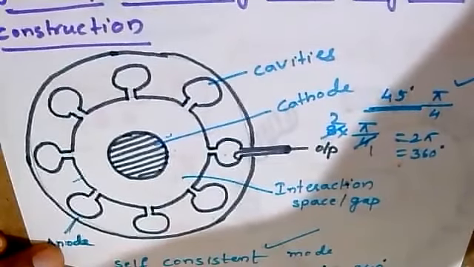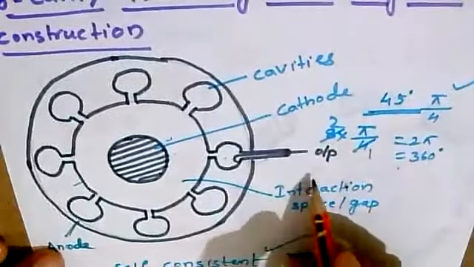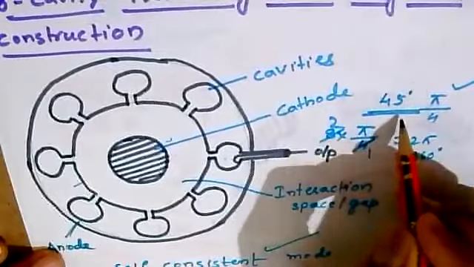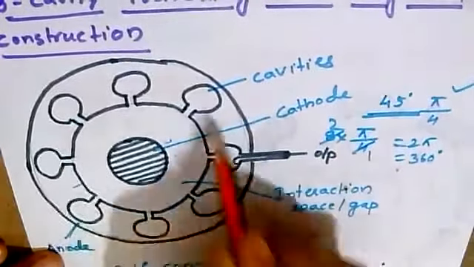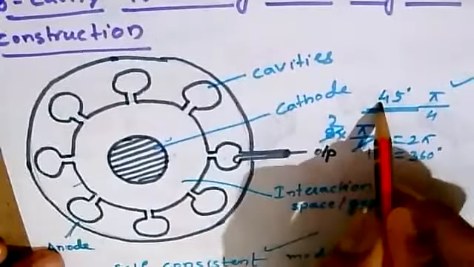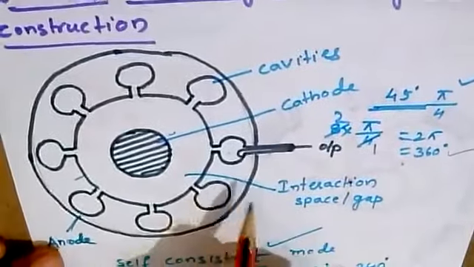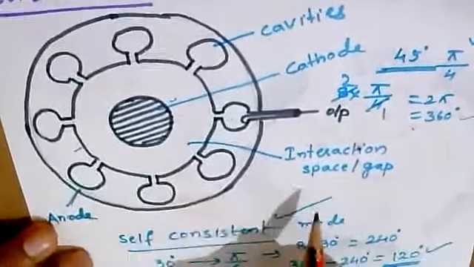and that gives a self-consistent condition which has to be satisfied. Each cavity has a phase shift of 45 degrees, fulfilling the condition that eight cavities times 45 degrees is 360 degrees. This is the self-consistent condition.